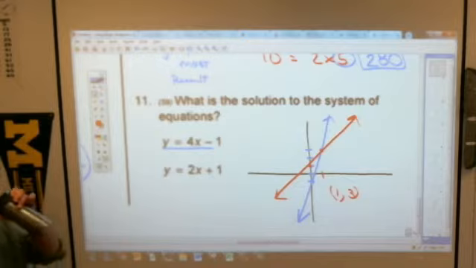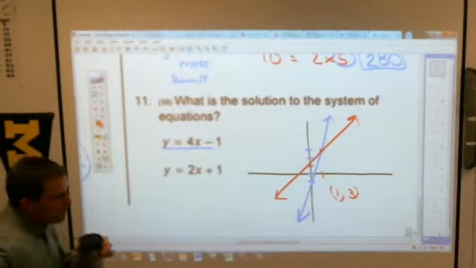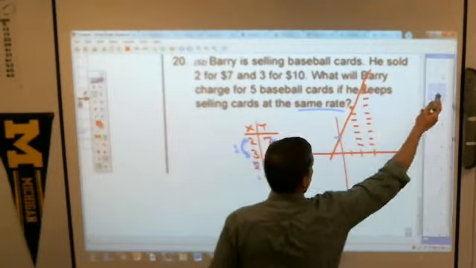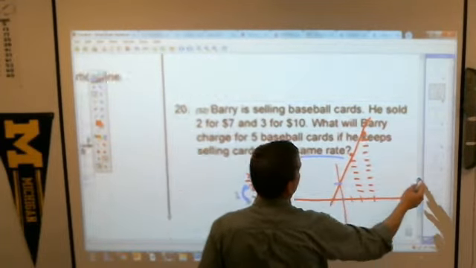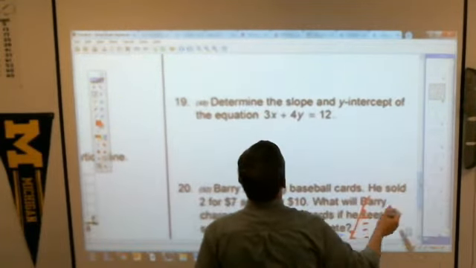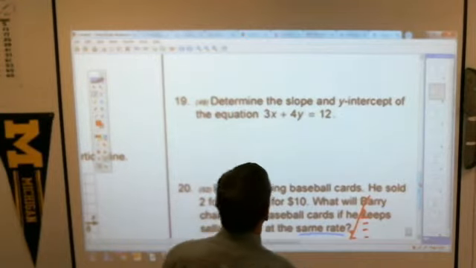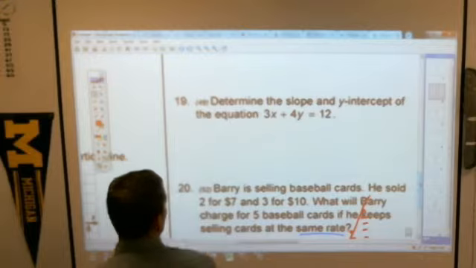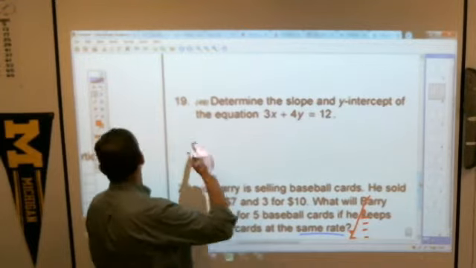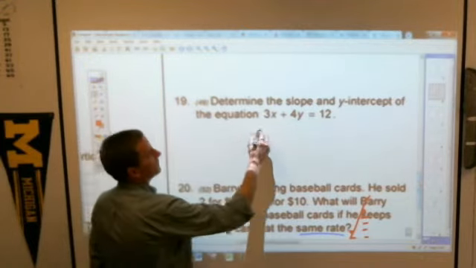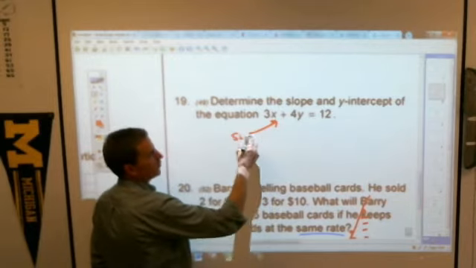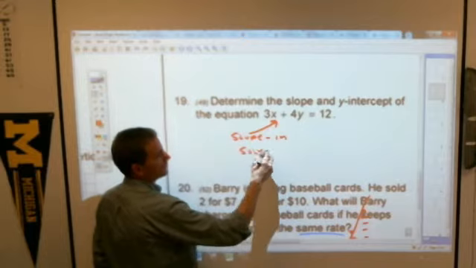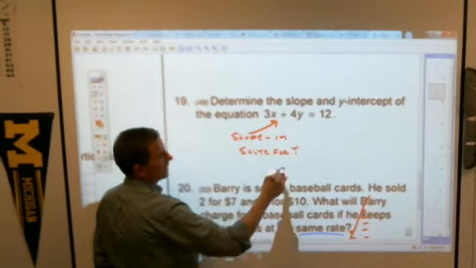Evelyn? Y-intercept of 19? How do I find it? Determine the slope. If you're ever asked for this, you just need to change it into slope-intercept form, which means you just need to solve for y.